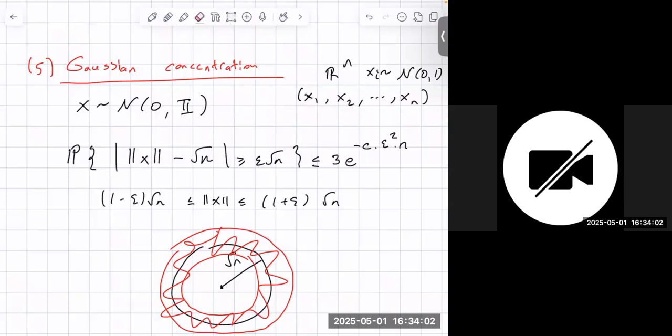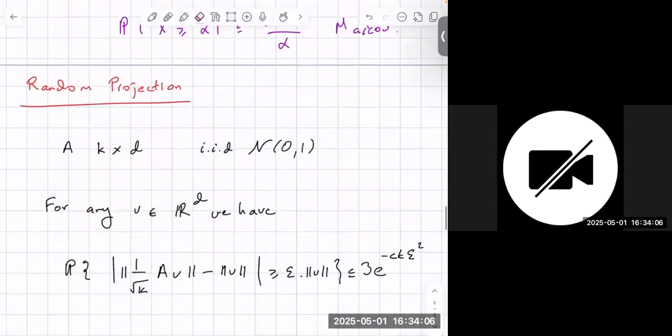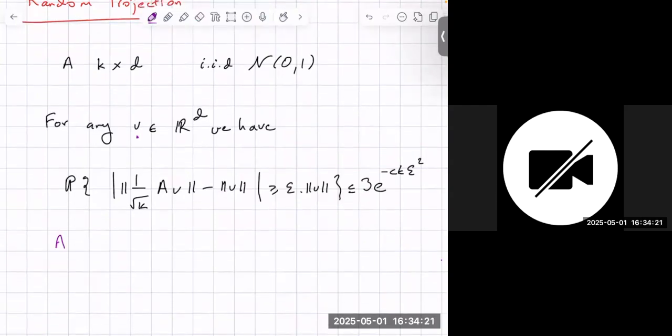Okay, now let me use this Gaussian concentration to obtain that Johnson-Lindenstrauss I was talking about. First we will take a random matrix A, K times D, and we take a deterministic vector V that lives in R^D, and we multiply A with V. So A is a K times D random matrix.